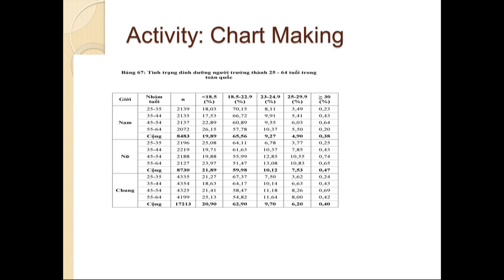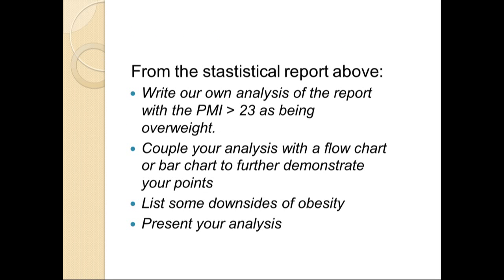They are required to make their analysis and demonstrate it through a flow chart or a bar chart, depending on their liking, based on a statistical report about the state of obesity in Vietnam. Here are my guidelines for them. At the end of the unit, they will also have to present this analysis and bar chart in front of the class.